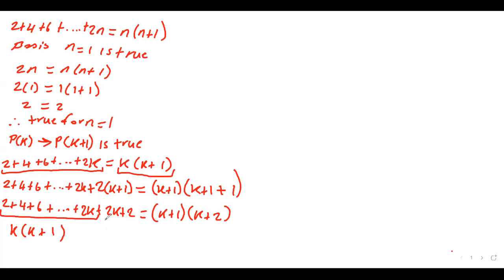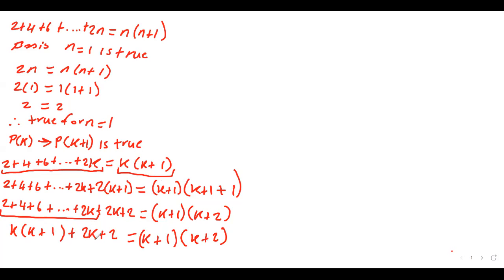That's this part. I'm going to put back the plus 2k plus 2 equal to k plus 1 into k plus 2. All right, good. And if you observe, both sides actually look the same.